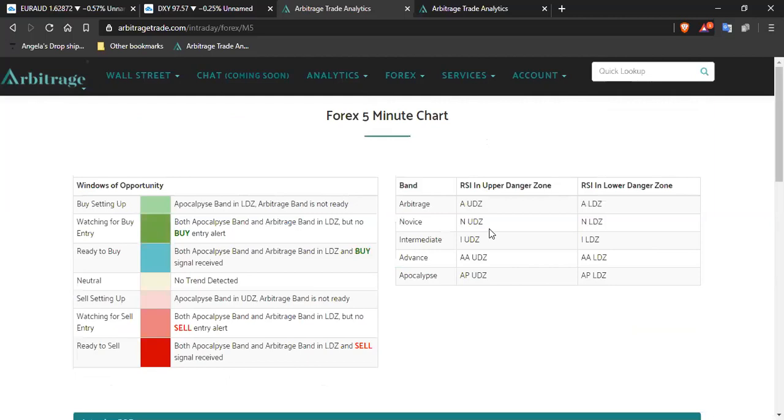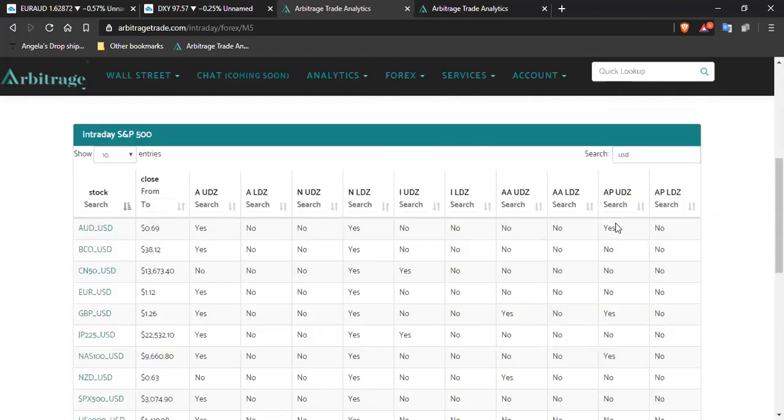So, Forex 5 minute chart, AUD USD, we have upper danger zone. It's a yes. So we'll put AUD USD, upper danger zone on the 5 minute. And then keep going. Let's see what else we have. Yes, we have GBPUSD at the upper danger zone as well.